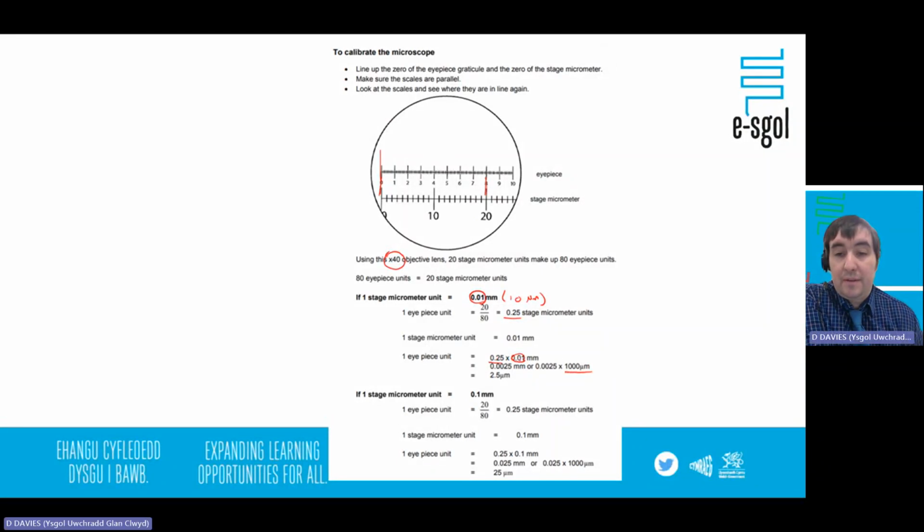So 0.25 times 0.01 is 0.0025 millimeters. And then I multiply that by 1,000 to convert it into microns, which gives me this. So what that is saying is, at the times 40 objective lens, one of these divisions is worth 2.5 microns.